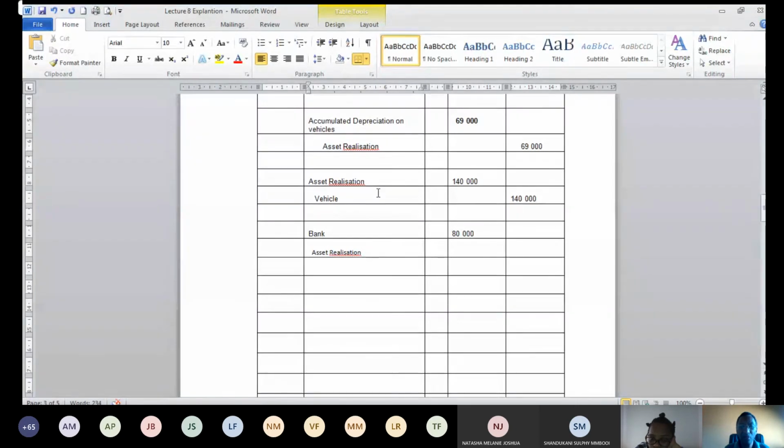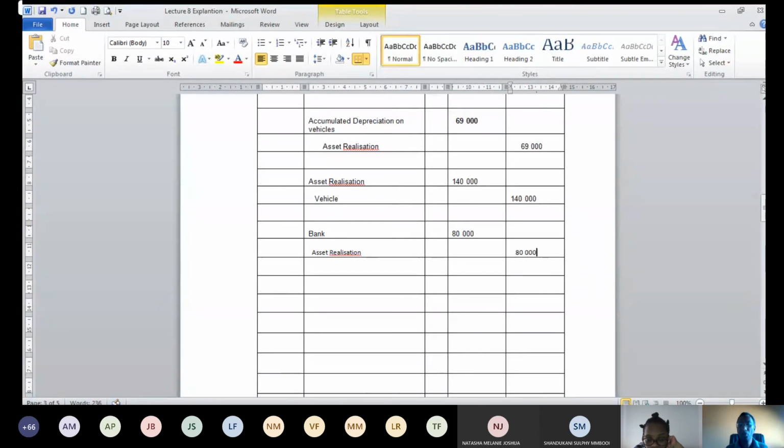When we transferred the cost price, debit asset realization, credit vehicles, it was an entry between vehicle and asset realization. Now we're selling the asset. It's an entry between bank and asset realization. So asset realization will always be one of your accounts. Just complete that now, guys.